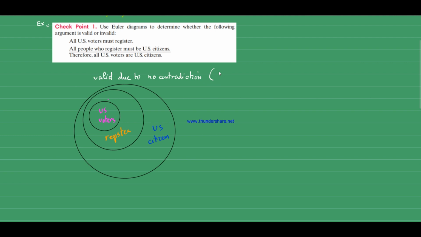In other words, it means that we cannot draw another Euler diagram that contradicts the conclusion.